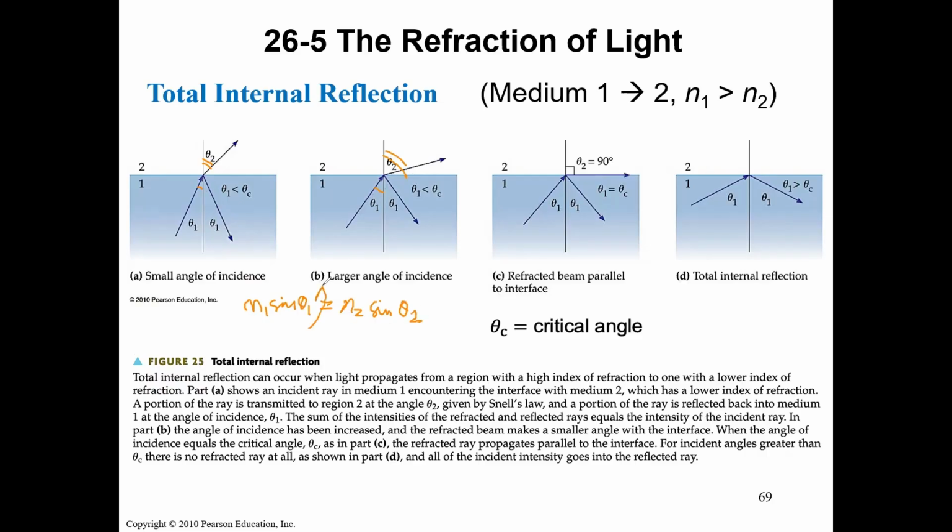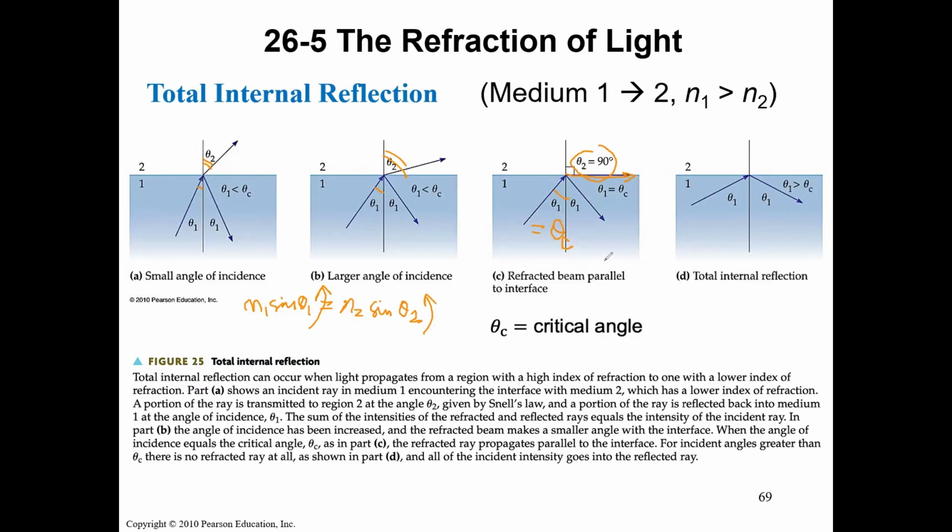If we increase theta 1, N2 and N1 are kept the same, theta 2 will also increase. Okay? It will hit a special case where theta 2 equals 90 degrees. So the refracted light will go exactly along the interface in this case. And we call this angle theta 1 the critical angle theta C.